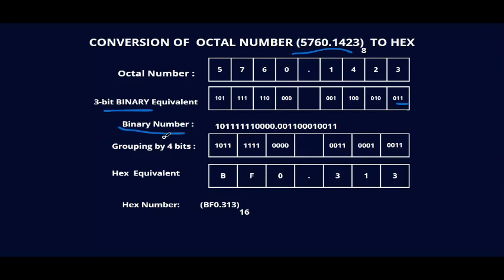Next, you have to convert this binary number to hex. For that, you start grouping this number from the point into groups of 4 like this. For the fractional parts, you start dividing the binary number from the binary point towards the right like this.